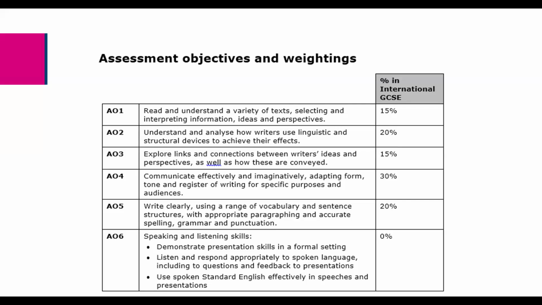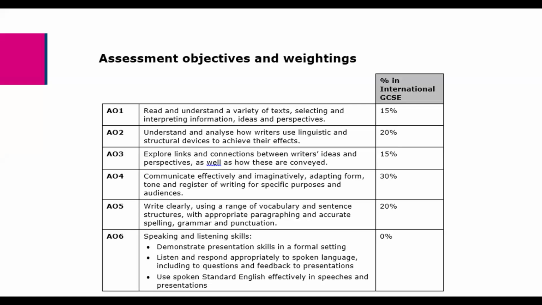That's 15% of the final qualification. AO2 is understand and analyze how writers use linguistic and structural devices to achieve their effects. That's 20% of the final qualification. AO1 and AO2 are in both paper 1 and paper 2, or paper 1 and coursework.